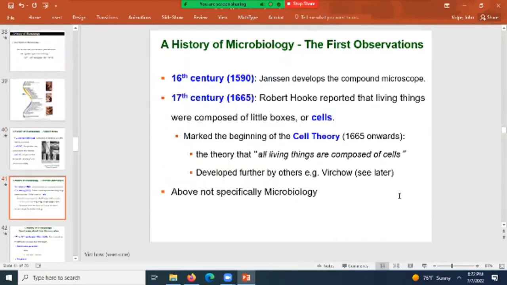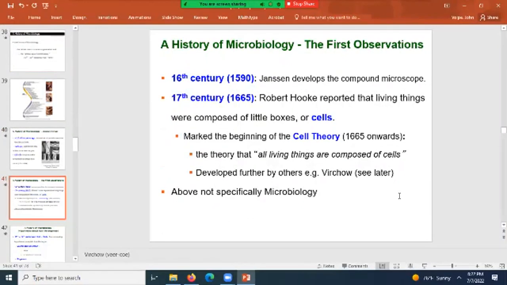All right. The next event in the history of microbiology was the invention of the microscope. In 1590, you don't need to know the date, Janssen invented the microscope. I don't know how he got the concept, but he put two lenses together and made a microscope.